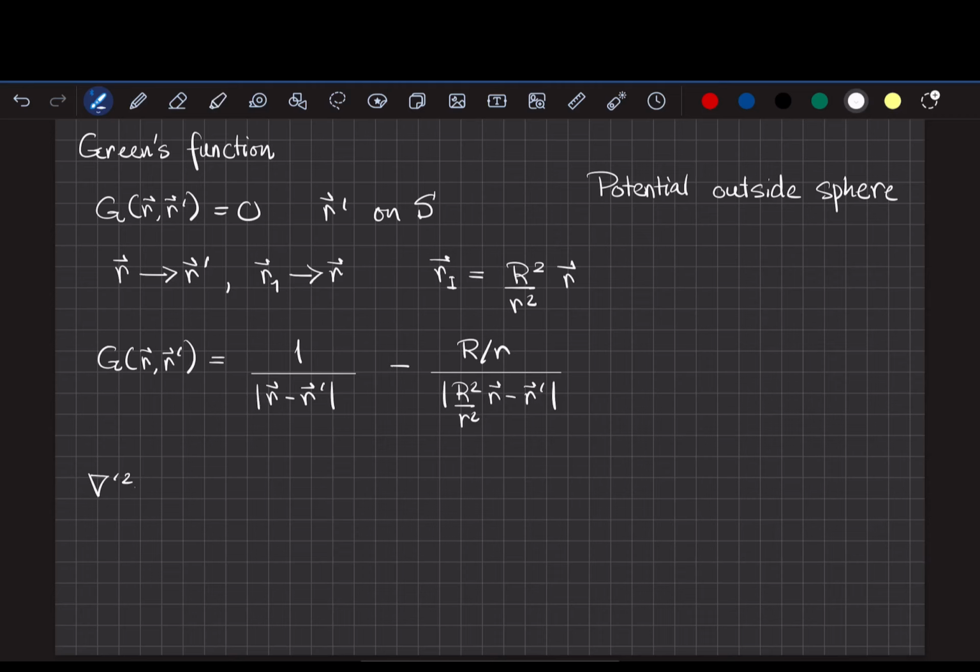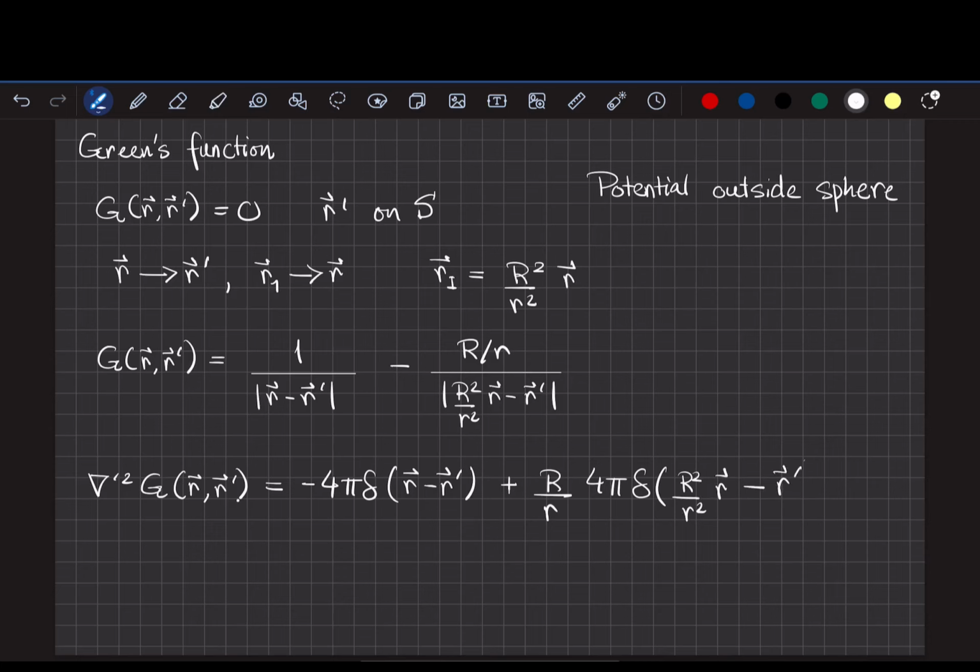In the previous lecture we had found out that the Laplacian of the inverse distance function is given by minus 4 pi delta r minus r prime, and here we will have 4 pi delta r squared r minus r.